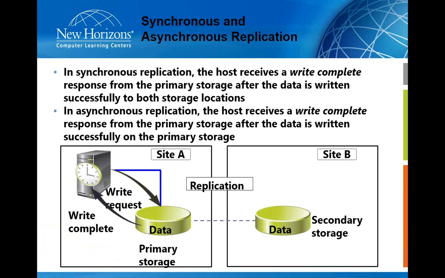With asynchronous, we pick when the updates happen, so we don't have that continuous communication across the WAN link. But if something should happen inside A, we're only as up to date inside B as the last replication took place. Those are the two choices that you have when setting these up.